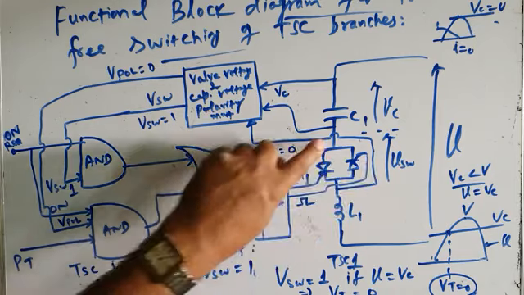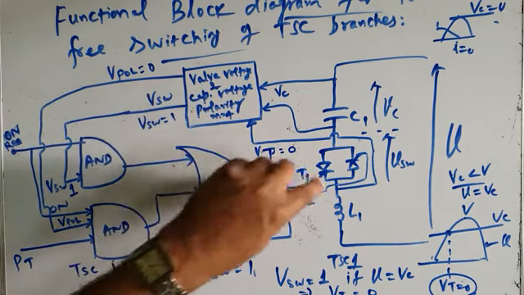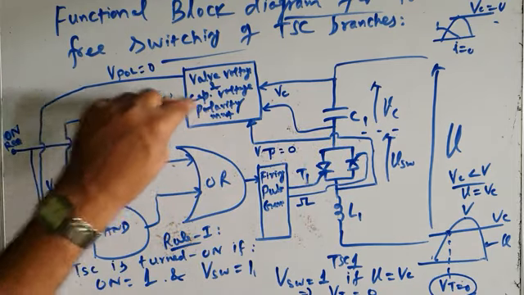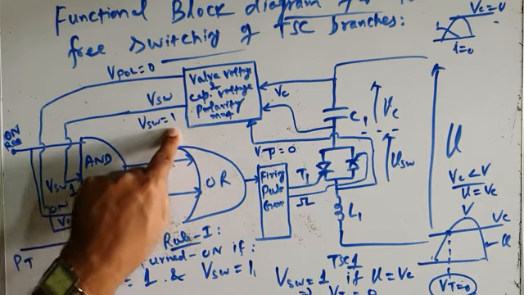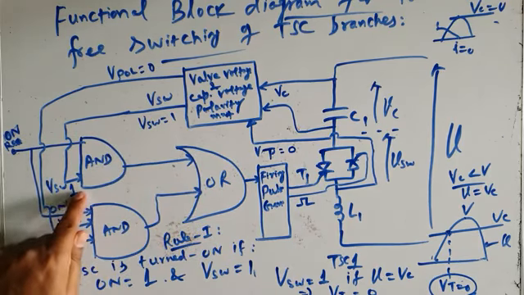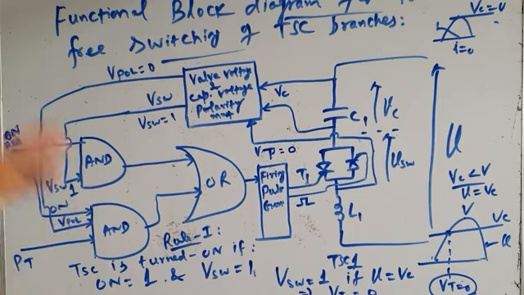As soon as this voltage sensor gives an information to this block that VT has become equal to 0, that is voltage across the switch has become 0, the block gives an output VSW equal to 1. So the second input to this AND gate becomes high, and request is already high, because from that block which I have discussed in the first functional block, that block will give on or off request to various TSC branches.